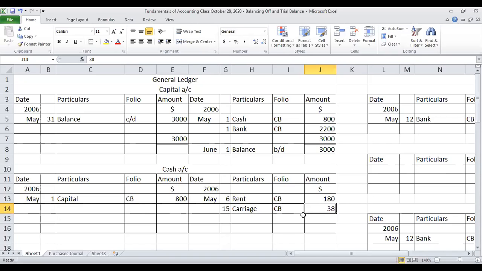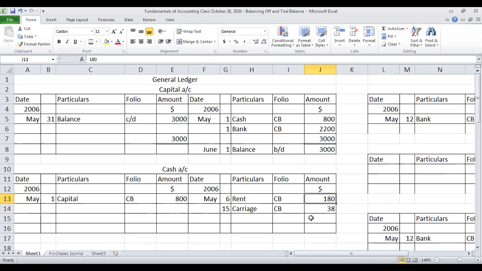So you're going to add up the 180 and the 38, and that will give you 218.